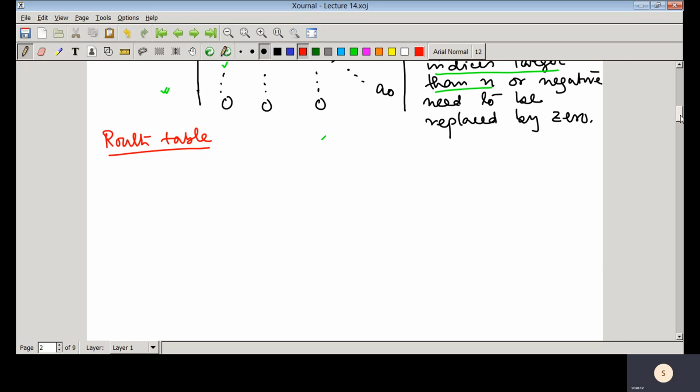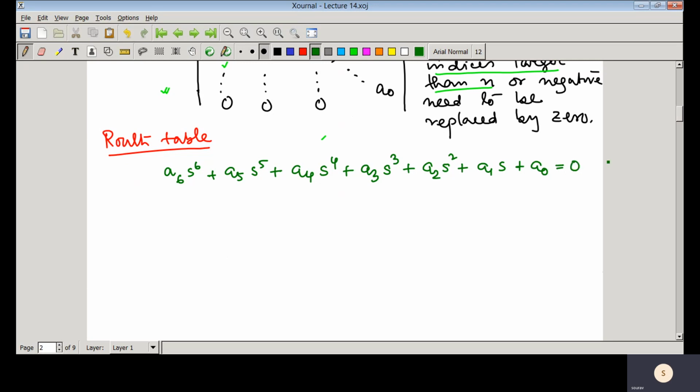Suppose we take a polynomial like a6 s to the power 6, then a5 s to the power 5, a4 s to the power 4, a3 s to the power 3, a2 s squared, a1 s plus a0.